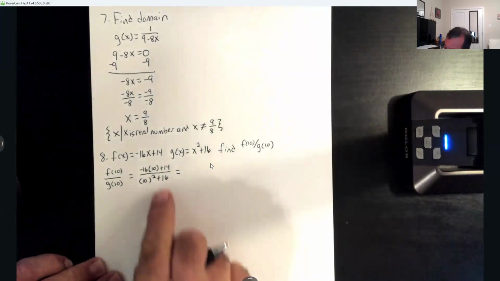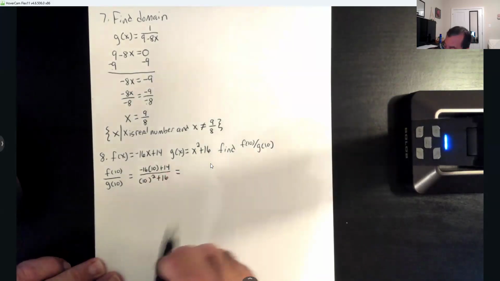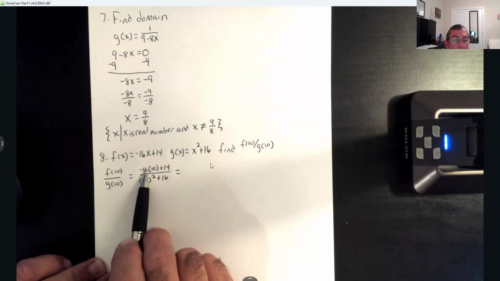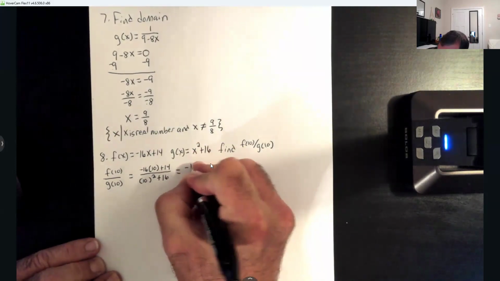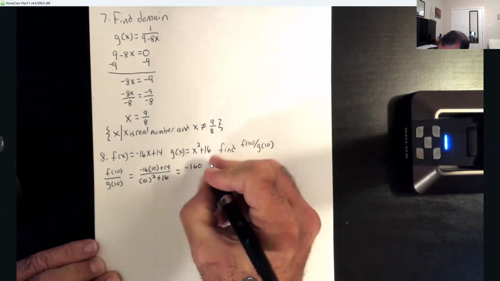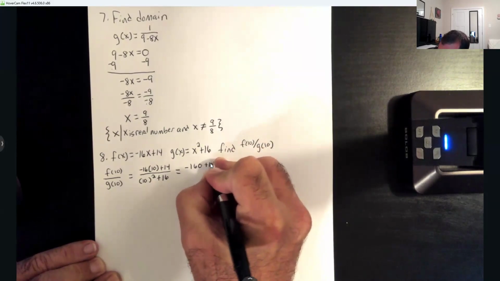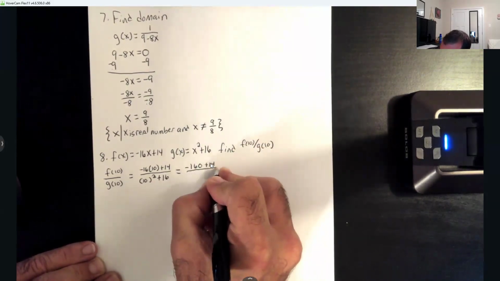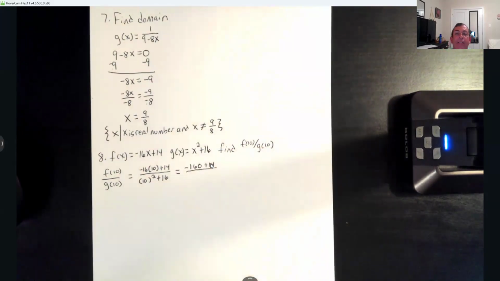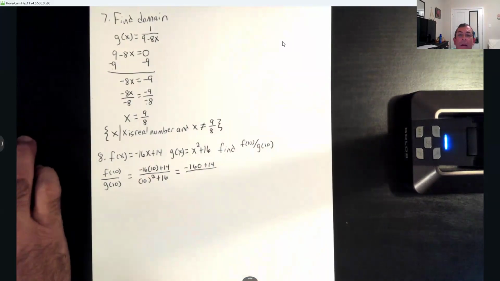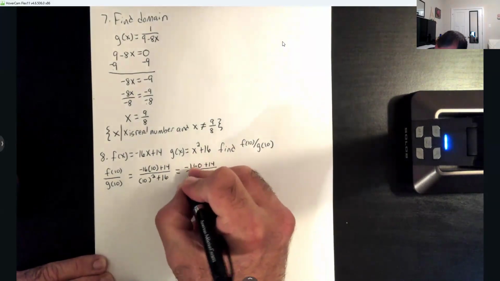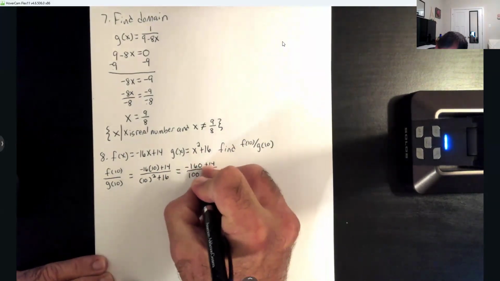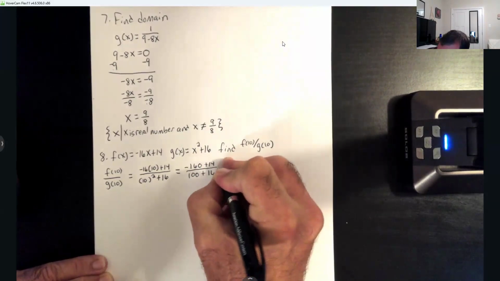All right, y'all, so now I'm just going to work the top and bottom using order of operations. So on top, you're going to multiply before you add. So negative 16 times 10 is a negative 160 plus my 14. On the bottom, I got a 10 squared. Well, 10 squared is 100, so that's going to give me 100 plus 16.